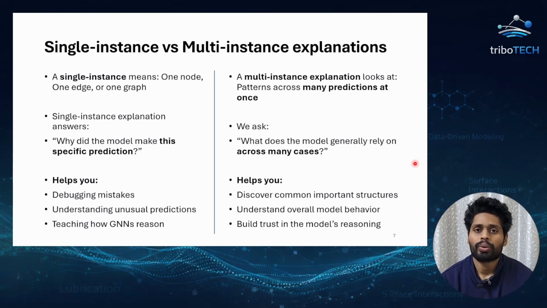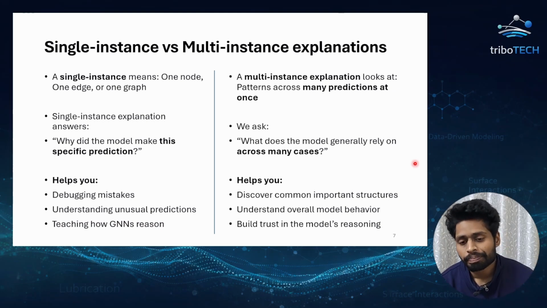What do you want to get out of the model? What do you want to know about the model's predictions? And you can choose the best explainer available for you, or you can also think about combining different types of explainers or explanation methods to fulfill the objective of your particular problem.